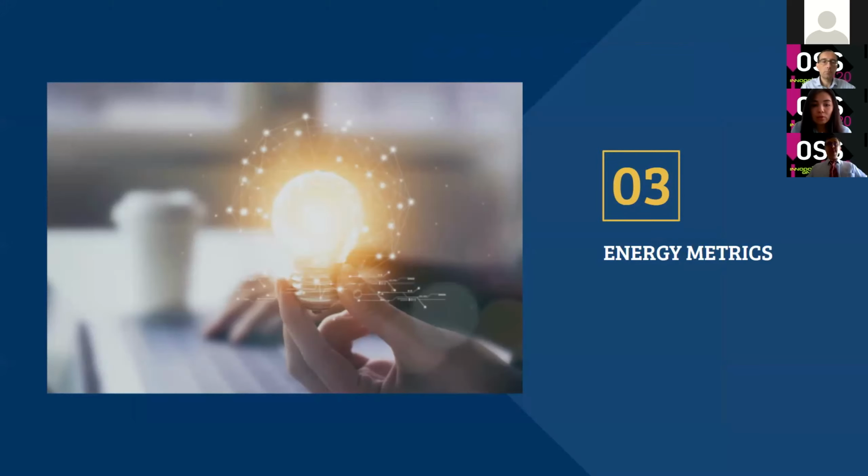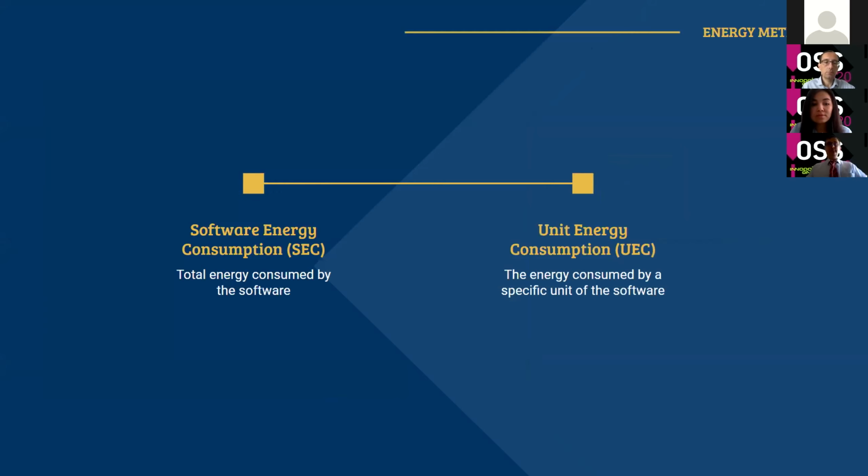It also depends on various conditions like the signal strength used for data transfer, user settings like screen brightness levels, and many more user and system settings. As we researched in the energy consumption of software process area, we derived for ourselves two main energy metrics: software energy consumption and unit energy consumption.